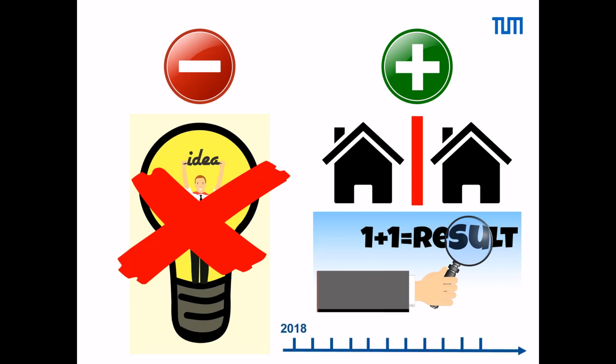And your results should then be stored permanently. Well, permanently sounds like a very long time, but the German Research Foundation requires you to make your results available for at least 10 years. To be honest, that's not a very long time, but that's the official number we have at the moment.